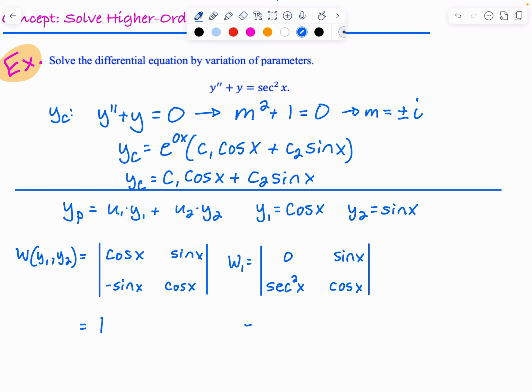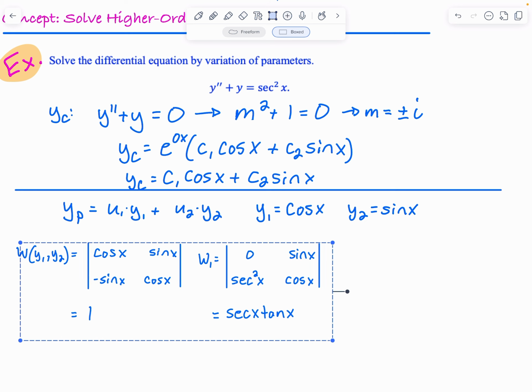All right, if I were to multiply that out, 0 times cosine gets me a 0. But secant squared times sine, that's 1 over cosine squared times sine, so I can take that and put it with sine. So I'm going to get secant x tangent x. Okay, and then I'm going to shrink this up just a bit so I can put my W2 in the same line.